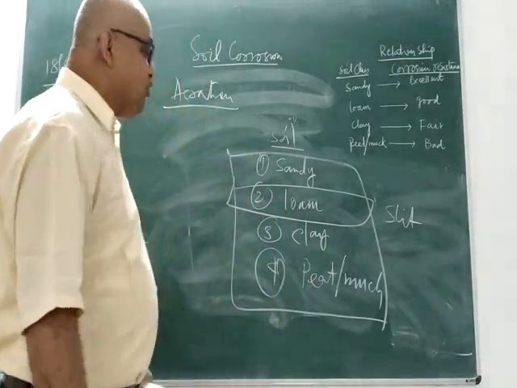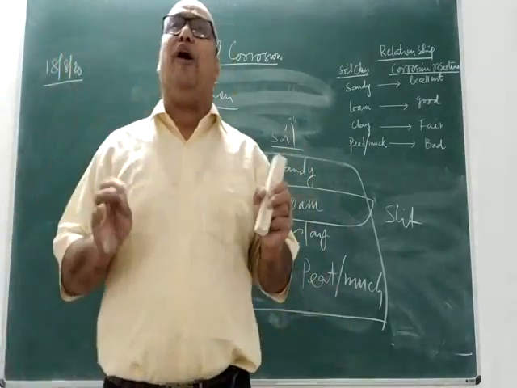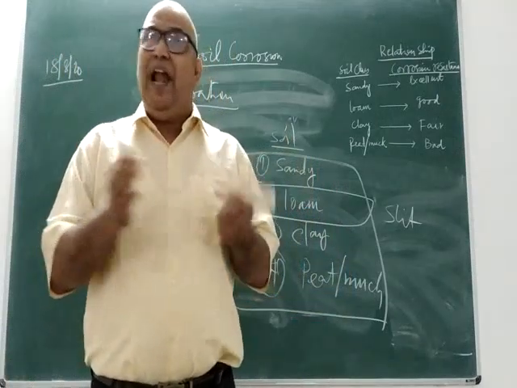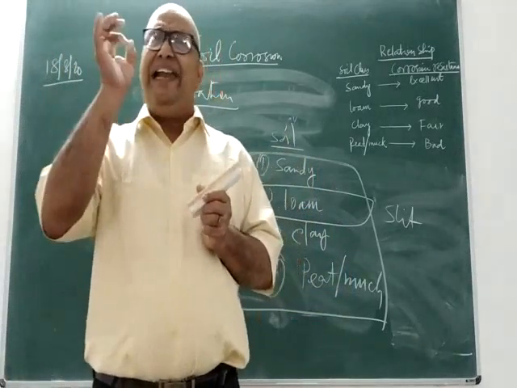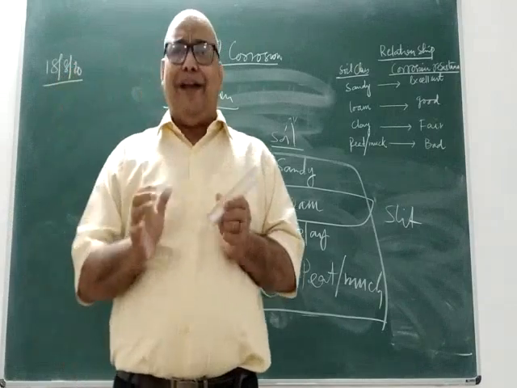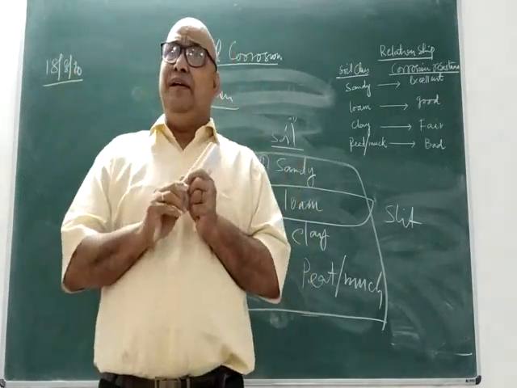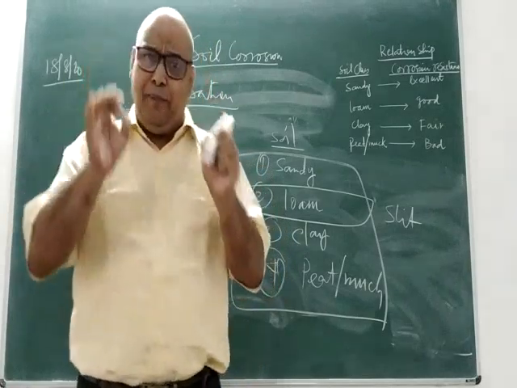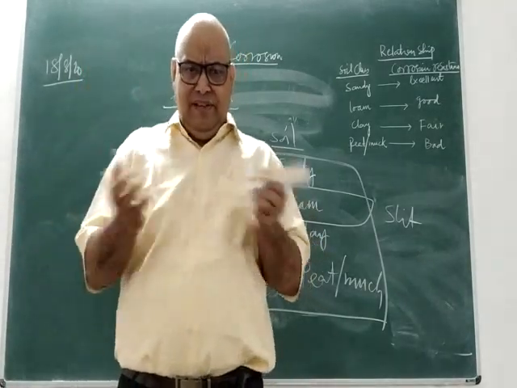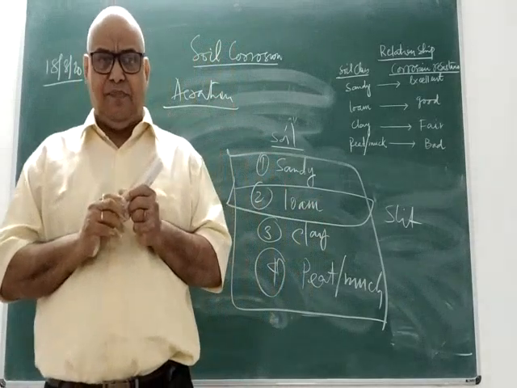And the third one is the clay type. It is mainly made of mineral particles with very low organic content. They are sticky in nature. Water drainage is very poor. These are the general features.